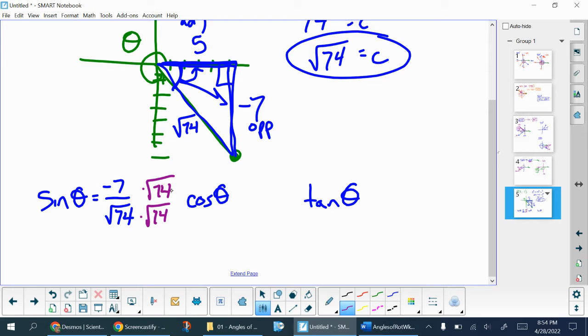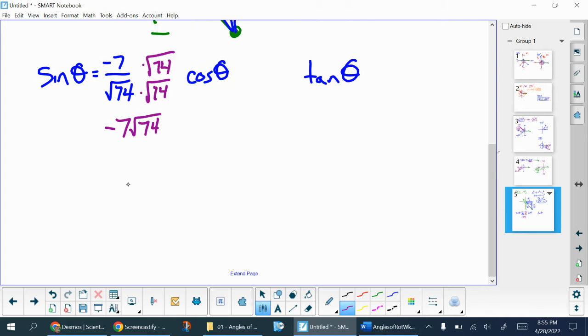In the numerator, the top, we have negative 7 times root 74. And in the bottom, root 74 times root 74 is 74. Then we would check to simplify. Does anything go into 7 and 74? No, it does not. So that is simplified.